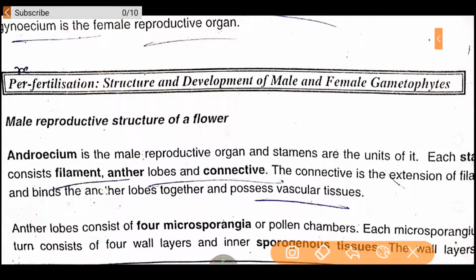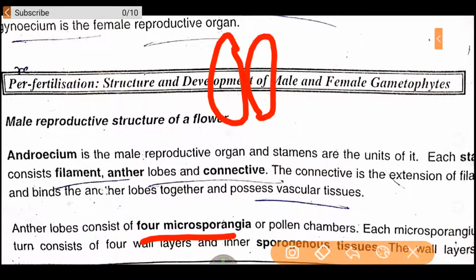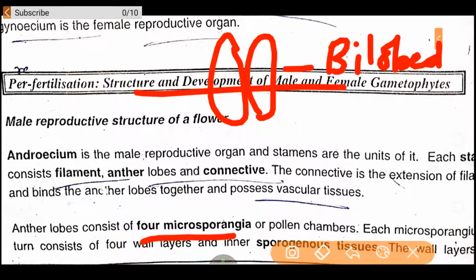Anther lobes consist of four microsporangia. It's a bilobed structure. When I cut it and see like this, it will look like this.